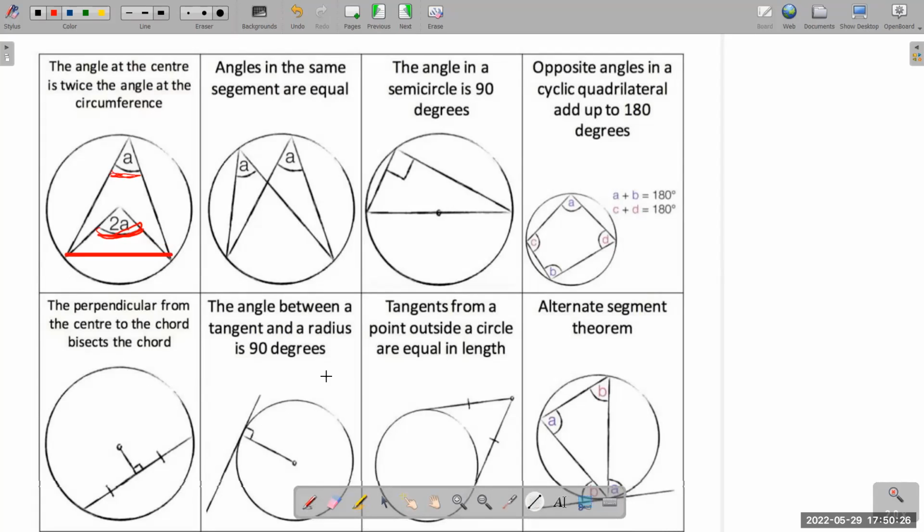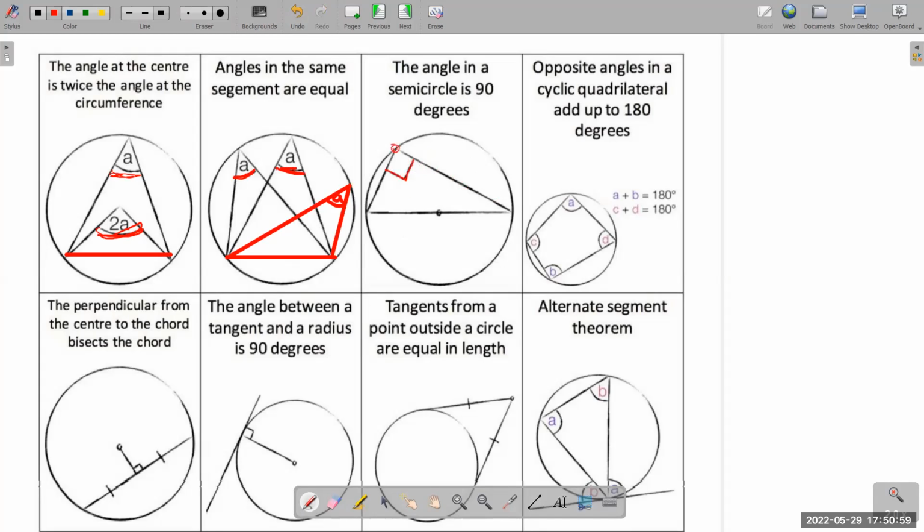Everybody with me? Second one, angles that are formed on the same chord are twin angles. They are equal. So we see here A and A are equal. If I were to form another angle over here, but from the same chord, we can realize we can still get the same angle A. Next one, any angle formed on the diameter, or in the semicircle, which is half of the circle, is always 90 degrees.